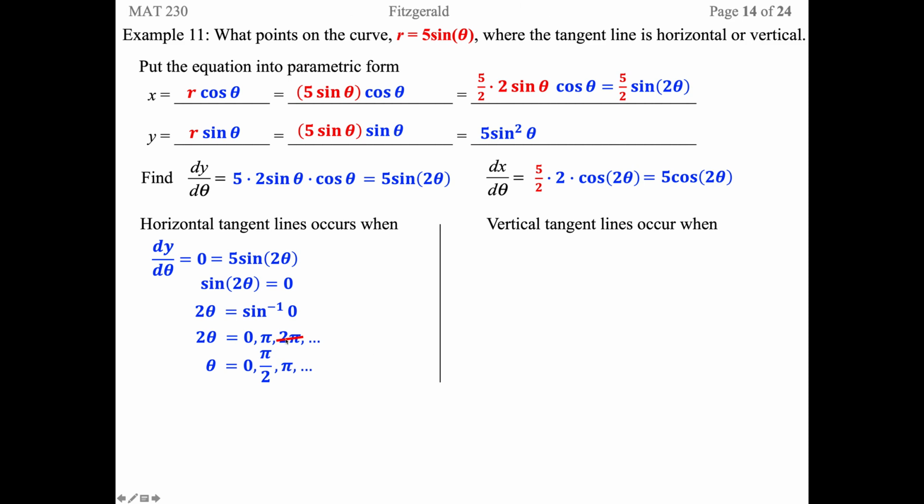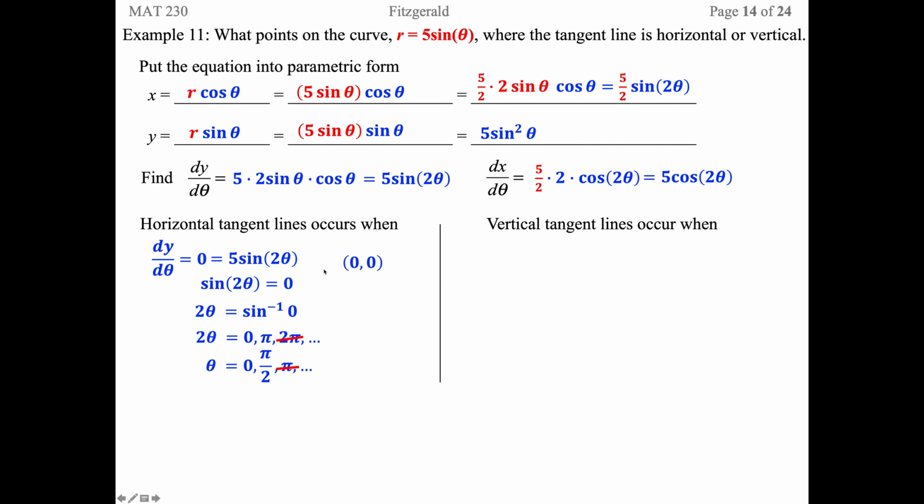We can cross off the 2 pi and this pi because they're going to be repetitive, so 0 and pi over 2, because 0 and pi give me the same location.